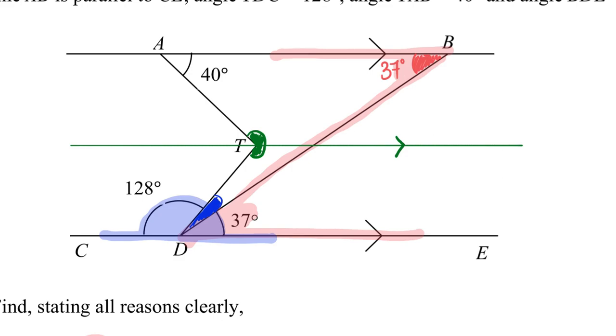Because once I have that, I would be able to get that the reflex angle, the first part here on top, is interior angle with 40 degrees, meaning they add up to 180 degrees. So these two parts here are interior angles.